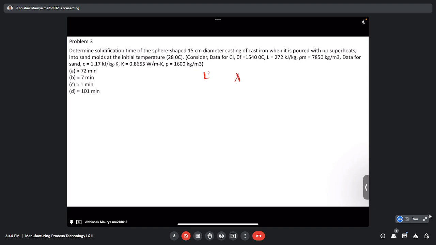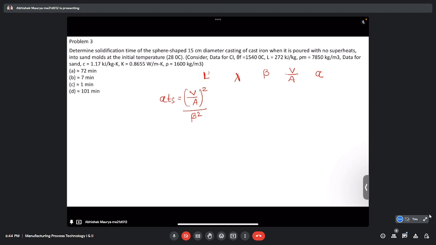After that we calculated beta, and also V by A, and finally we calculated the thermal diffusivity of the mold, alpha, and finally we used a relation that was something like this: solidification time is equal to V by A the whole square divided by beta square.